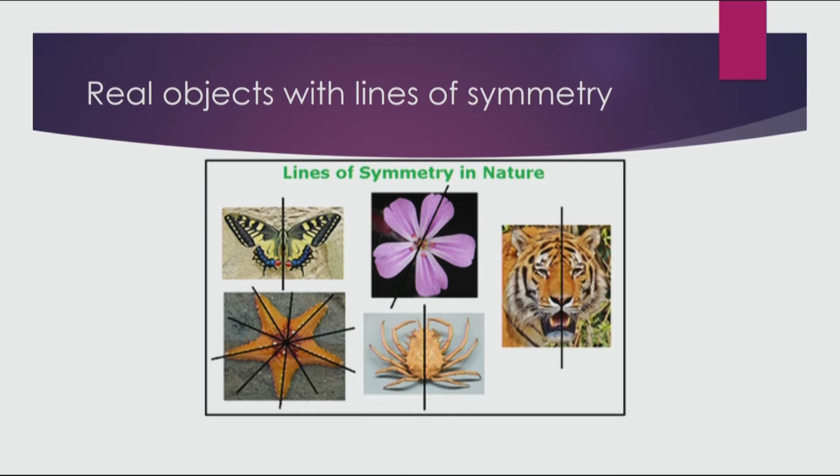Now we wanted to find real objects in our environment that have lines of symmetry. Yes? Real objects with lines of symmetry. So I've got some examples of my own. A butterfly, a starfish, a crab, a flower, and the face of a tiger.